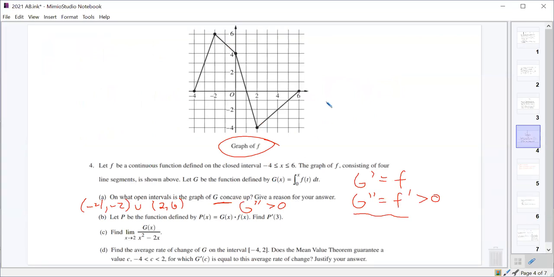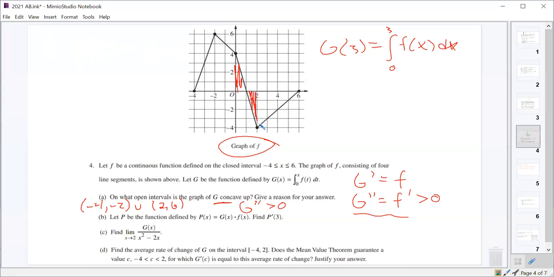So G of 3 would be the integral from 0 to 3 of F of x. Everybody agree with that? People at home, you good with that? Okay. So from 0 to 1, I don't know what that happens to be, what is that, 2? Same thing over here, though. This is a -2 from 1 to 2. This area right here and this area right here are going to cancel each other out.